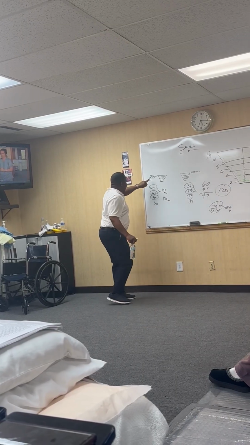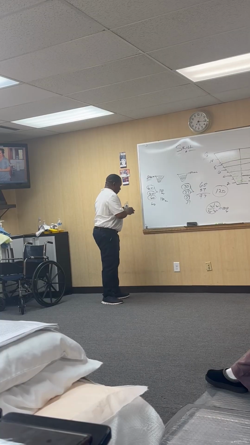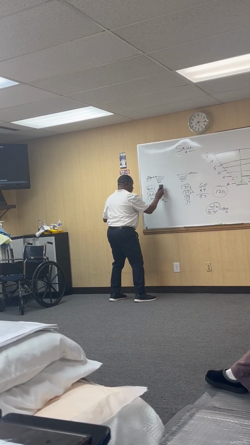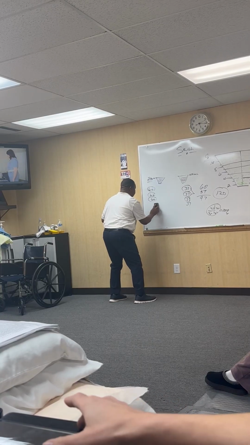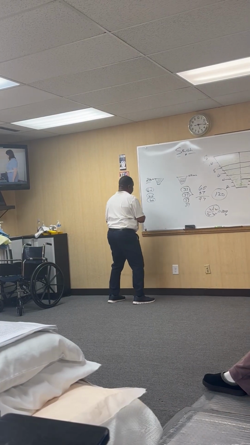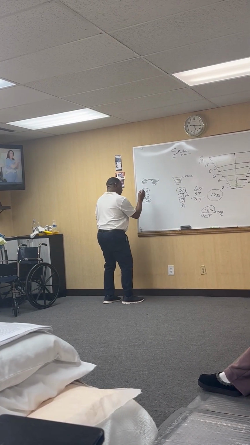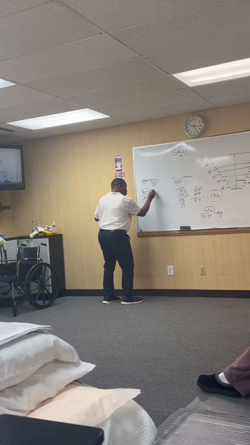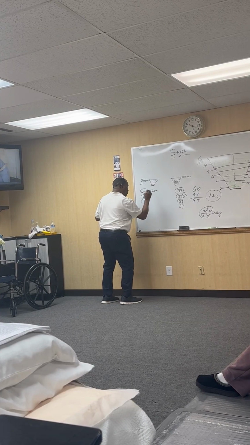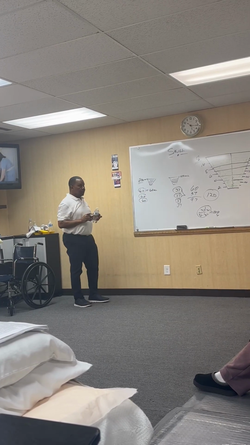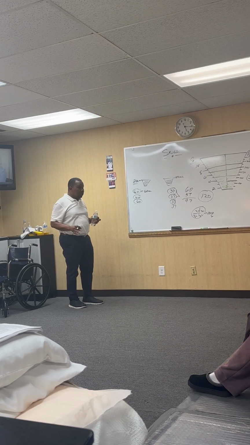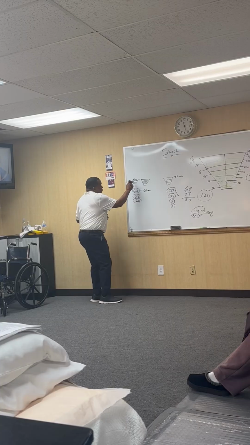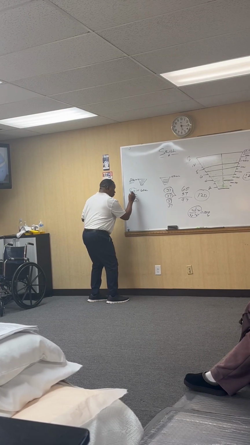If you divide this by 4, that's 60, 60, 60, 60. Then it means the person drank only this less than half, which is equal to 60. If they drank half and you divide it by 2, it will give you this half, 120.